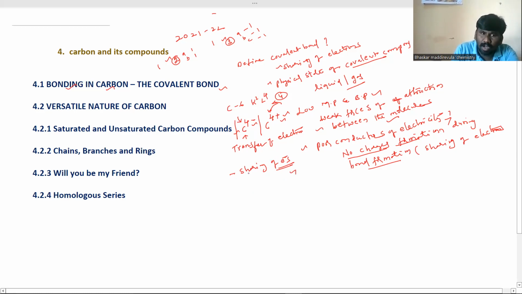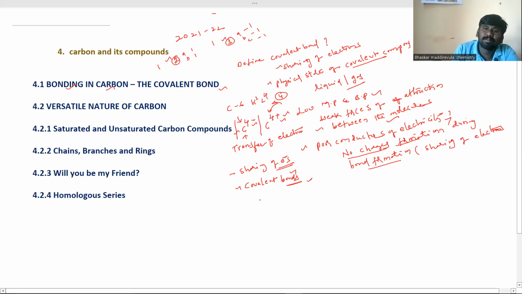It means carbon will always make covalent bonds. The next important thing is that it will form covalent bonds always by the sharing of electrons.